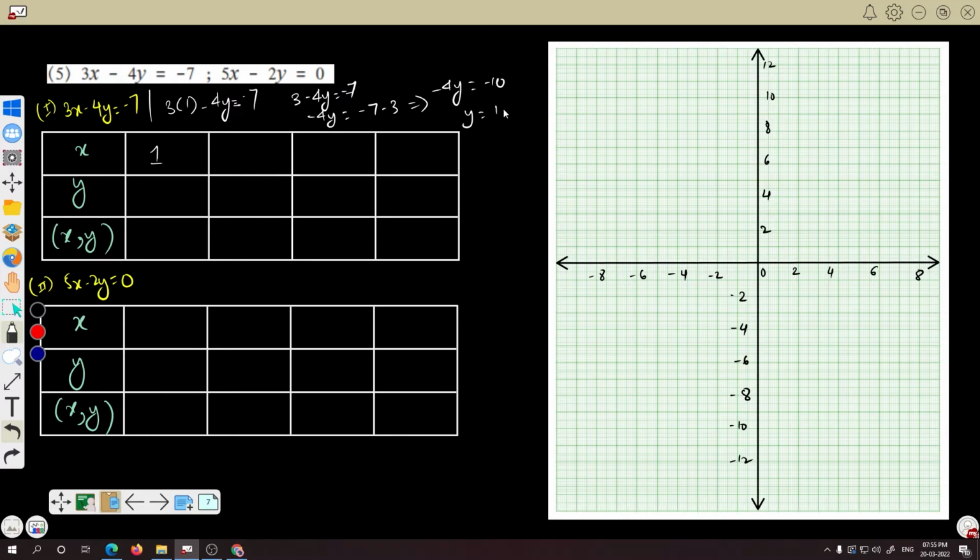So y is equal to 10 upon 4. Minus minus will get cancelled, and this will be 5 by 2, which is 2.5. So if the value of x is 1, then y is 2.5. So the coordinates are 1 comma 2.5. I hope this is clear to you. I'll erase this.